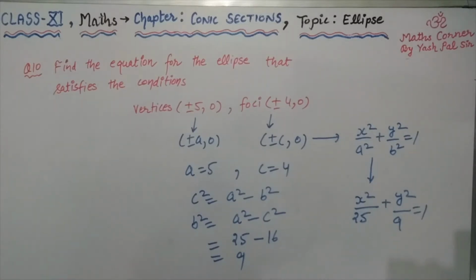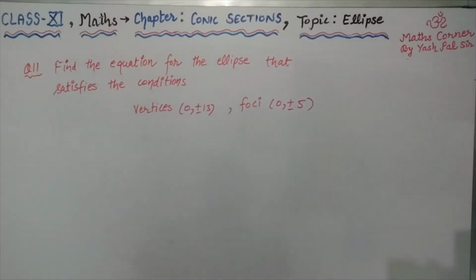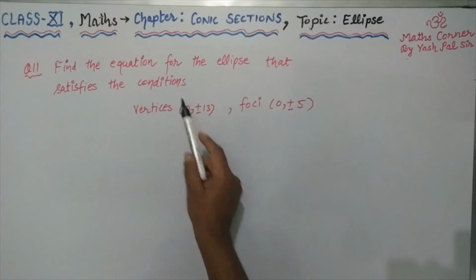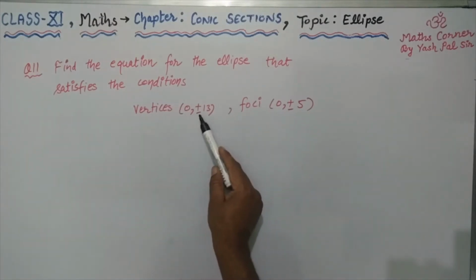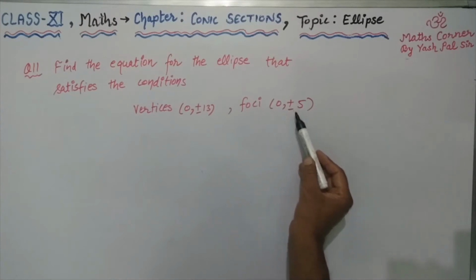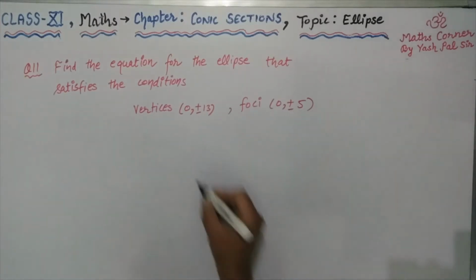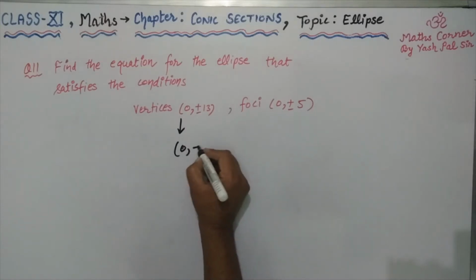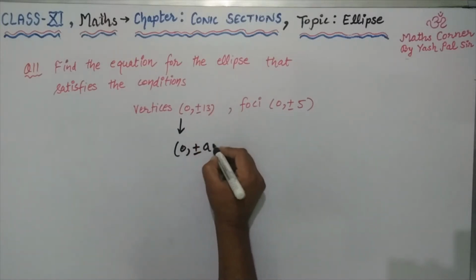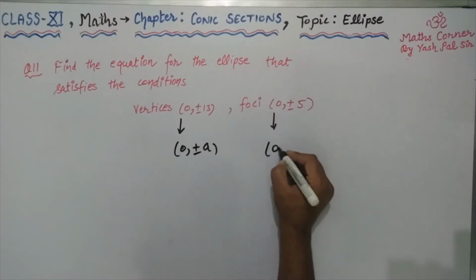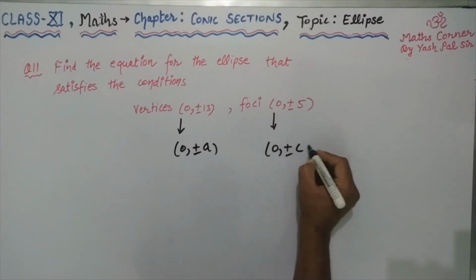Now next question. Question number 11. Find the equation for the ellipse that satisfies the conditions vertices 0 comma plus minus 13, foci 0 comma plus minus 5. We just compare this with 0 comma plus minus a for vertices, and in case of foci we write 0 comma plus minus c.